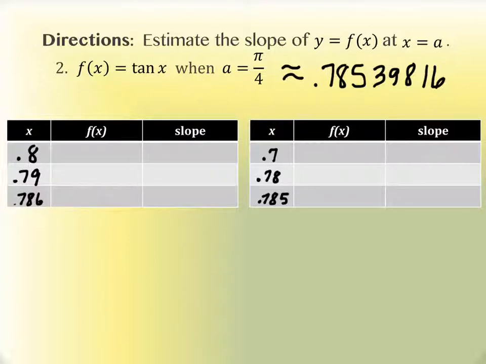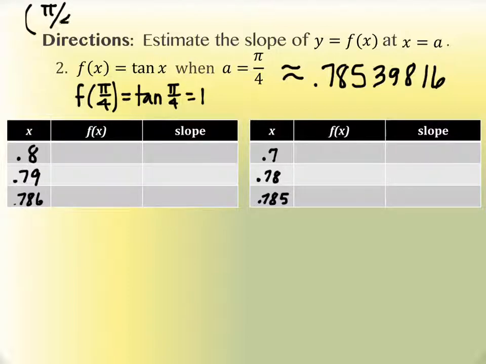So the tangent value is actually 1 when we're plugging in pi over 4. So our y value when we plug in pi over 4 is the number 1, and our ordered pair that we're going to be referencing is pi over 4, 1.